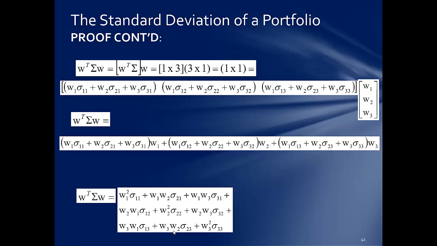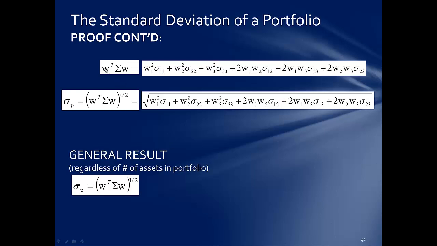So when we combine everything that we can combine, W transpose sigma W becomes W1 squared sigma 1,1, plus W2 squared sigma 2,2, plus W3 squared sigma 3,3, plus 2 W1 W2 sigma 1,2, plus 2 W1 W3 sigma 1,3, plus 2 W2 W3 sigma 2,3, and then when we take the square root of it, we arrive at the original formula that we laid out at the beginning of this presentation, which is the standard deviation of a 3-asset portfolio.